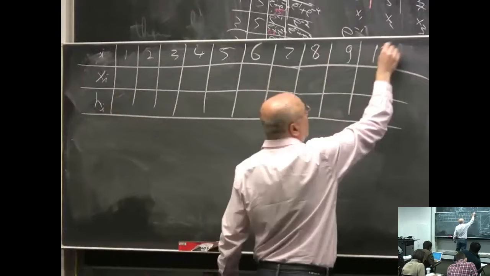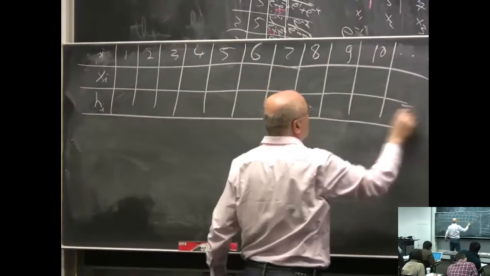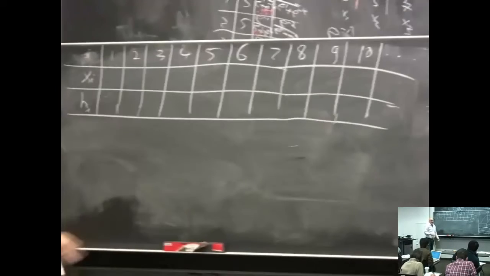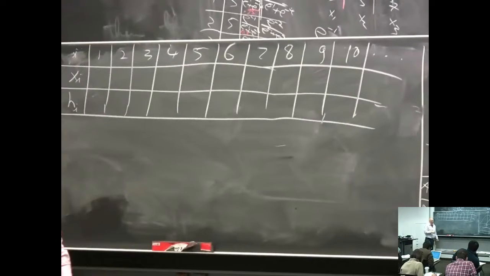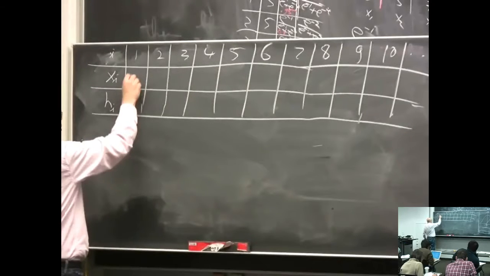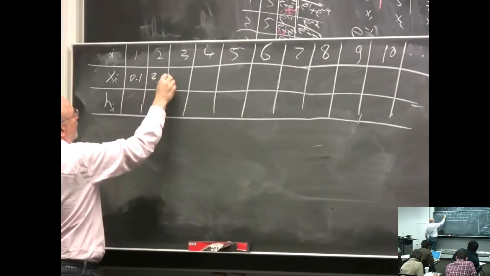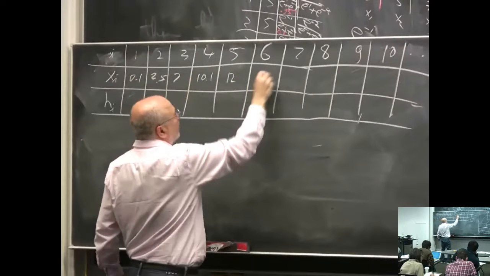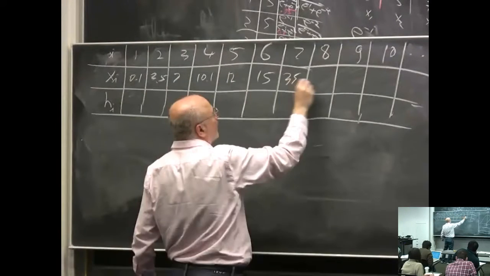Let's say we have 10. Can be as many as we want. Xi's, I don't have to order the xi in a particular order from left to right, but I usually do it just for simplicity. They could be in any order. I don't know, 0.1, 3.5, 7, 10.1, 12, 15, 35, whatever.